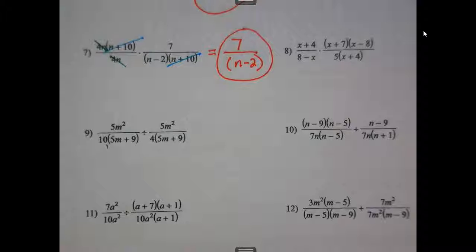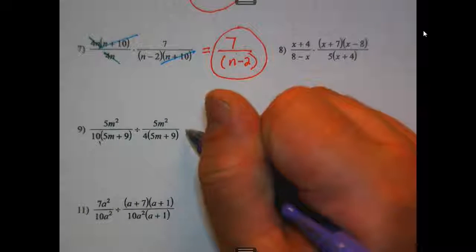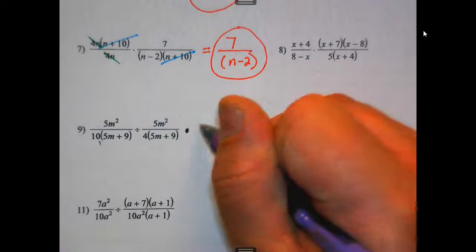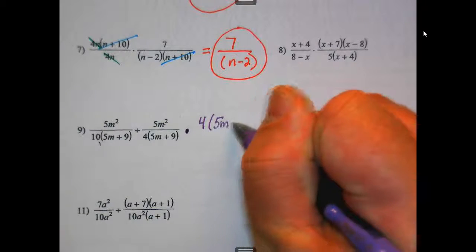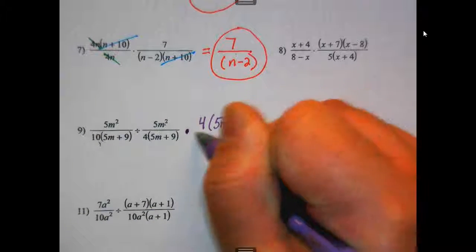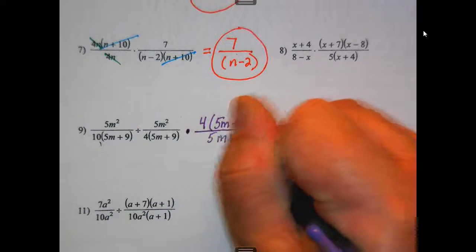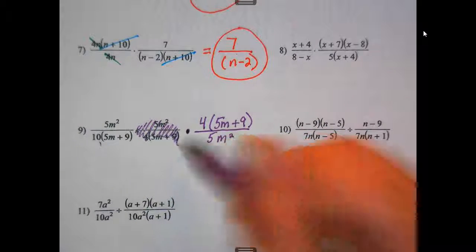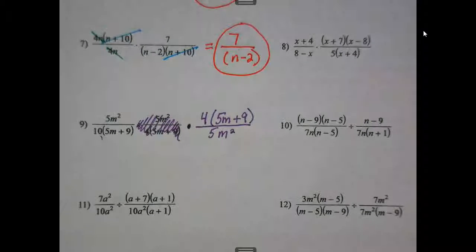Oh, division. How do I divide fractions? I'm going to make a multiplication problem and flip this one. So I have 4 over 5m plus 9 over 5m squared. So this guy goes away. Now I can cancel out.